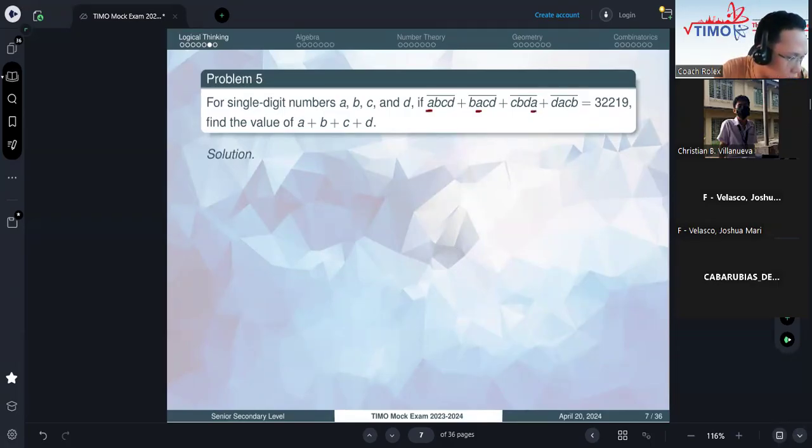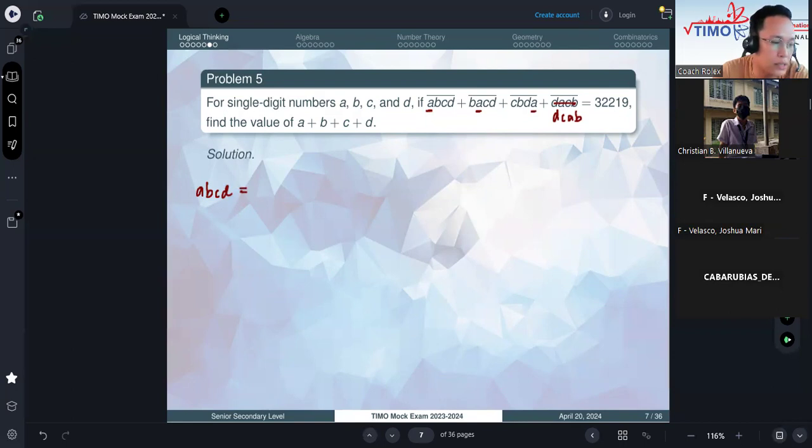DCAB. This should be DCAB. Okay. It's in the third. So from here, if you have ABCD, we have four digits.